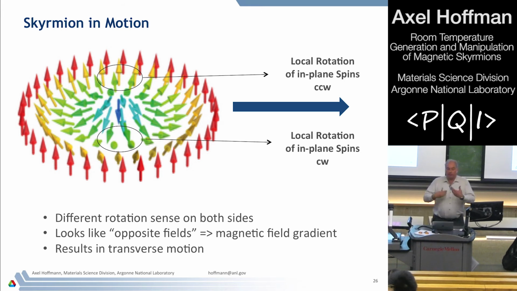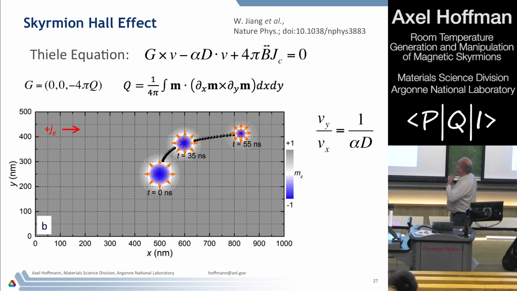So for the whole spin texture, as it moves, it does look like it's exposed to a magnetic field gradient. And this magnetic field gradient can couple to the center magnetization and result in a sideways motion of the skyrmion as such.